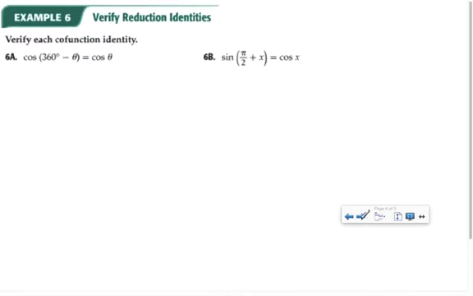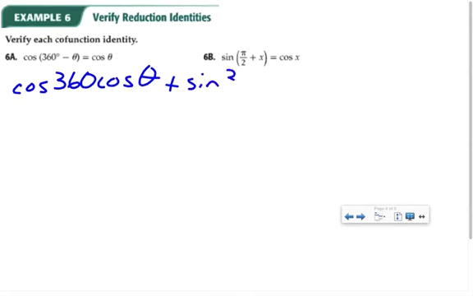Here, we're verifying other identities along the same lines. So this is a cosine of a difference. So it becomes cosine of 360 times cosine of theta plus sine of 360 times sine of theta.